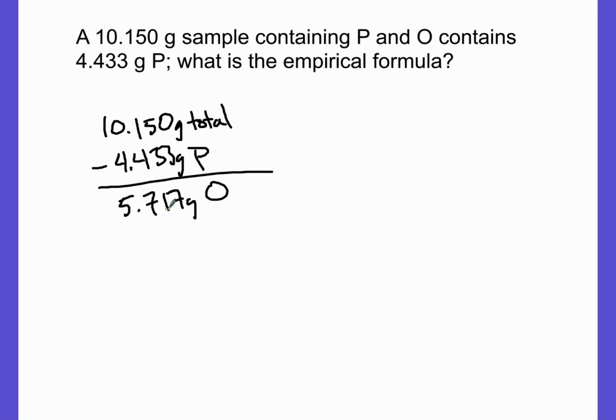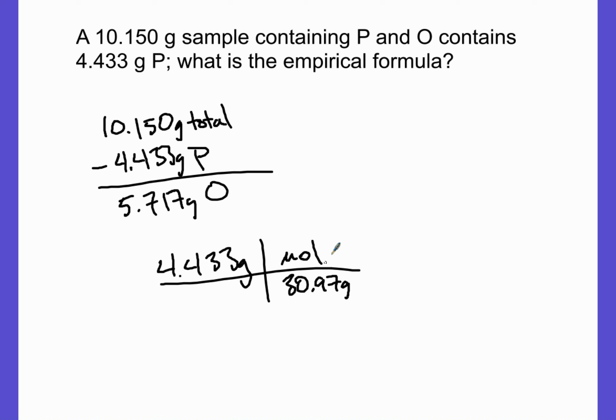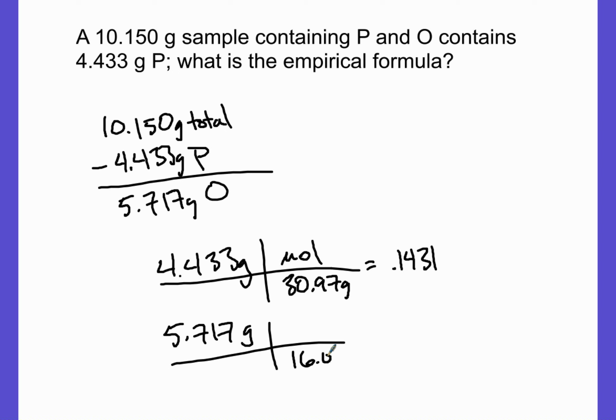Right, so that's complicated, but there is actually one more part of this. It's a little weird. So I get this 4.433, just like we did before. I need to change that into moles. So I'm going to divide by 30.97. And that's going to give me this 0.1431, right? And then my 5.717, I got to divide that by 16 for oxygen.